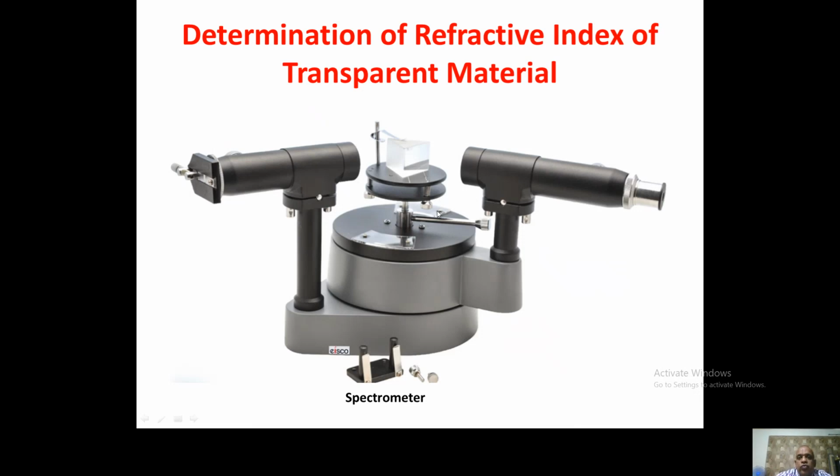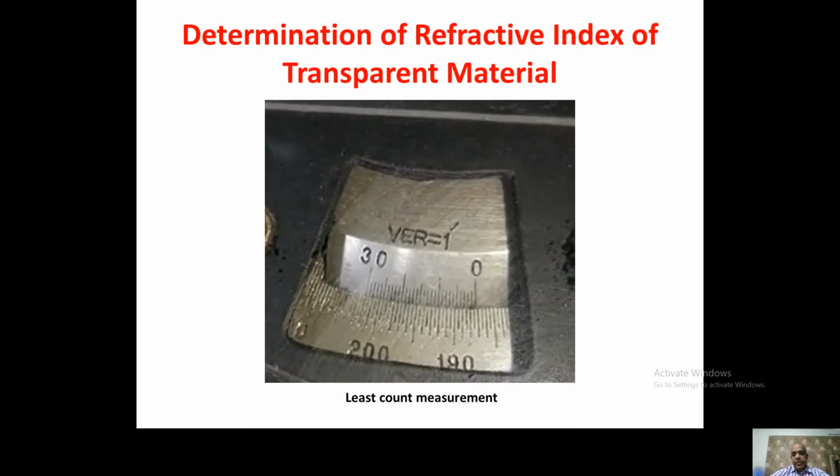Now, to perform any experiment using an instrument, we must first find out the least count of that instrument. How do we find the least count? See here, this is the position of the window.